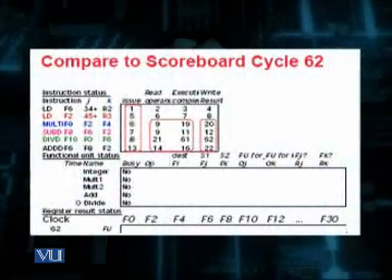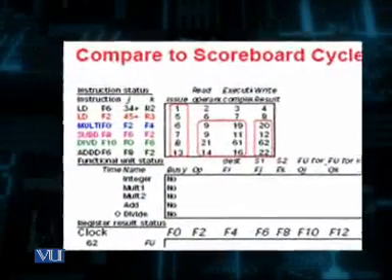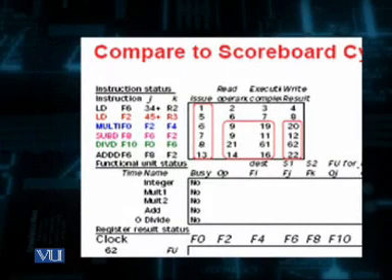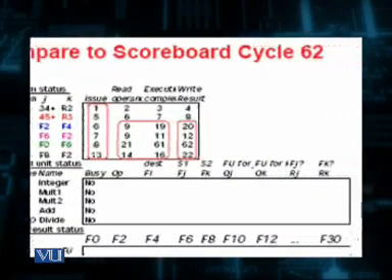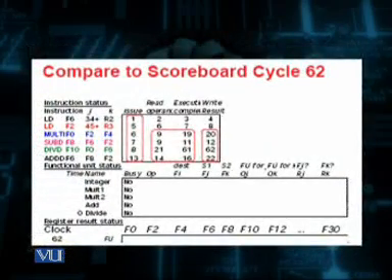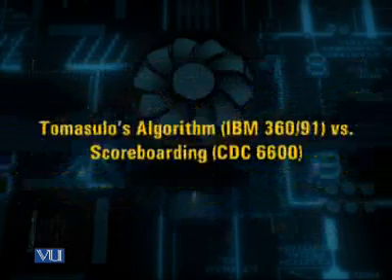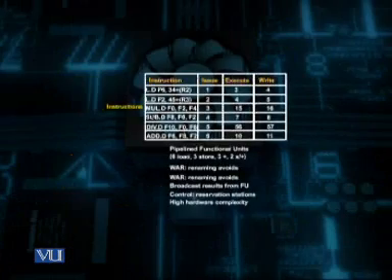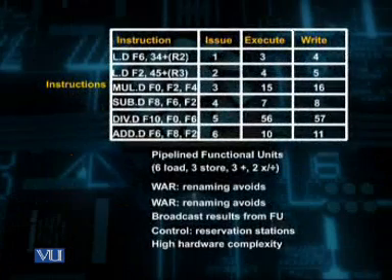Here you can see the comparison between the scoreboard approach and the Tomasulo approach. You can note that the scoreboard approach requires 62 clock cycles to complete, whereas the Tomasulo approach requires 57 clock cycles to complete. Now this slide shows the comparison of the Tomasulo and scoreboard approaches. The Tomasulo approach has pipelined functional units.